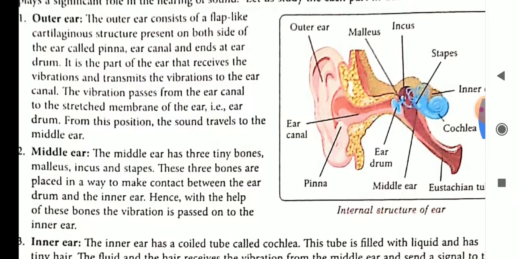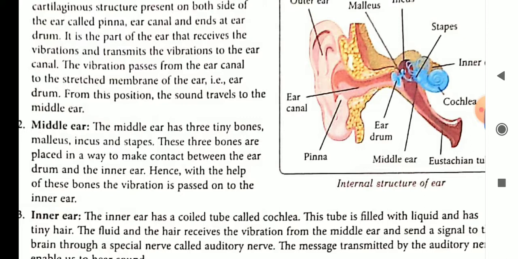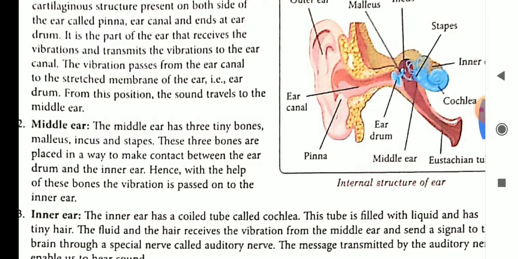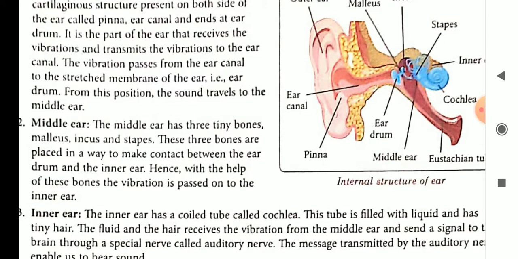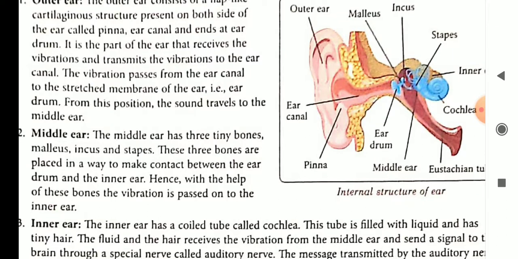The small bones vibrate, and the vibration passes on to the liquid in the cochlea, which is present in the inner part of the ear. Due to this, the liquid in the cochlea also begins to vibrate, and the vibrating liquid of the cochlea sets up electrical impulses in the nerve cells present in it.